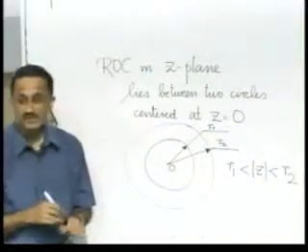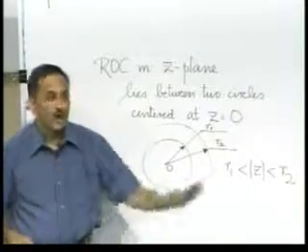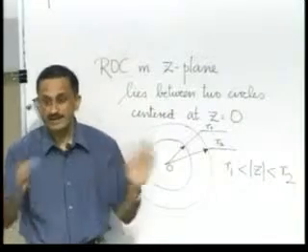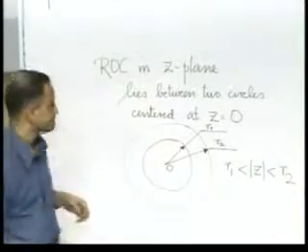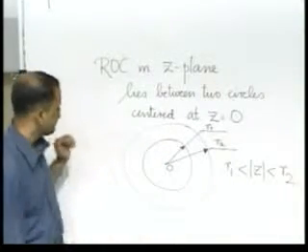And of course, needless to say, either R2 could be infinity or R1 could be 0, just as for the case of the Laplace transform.